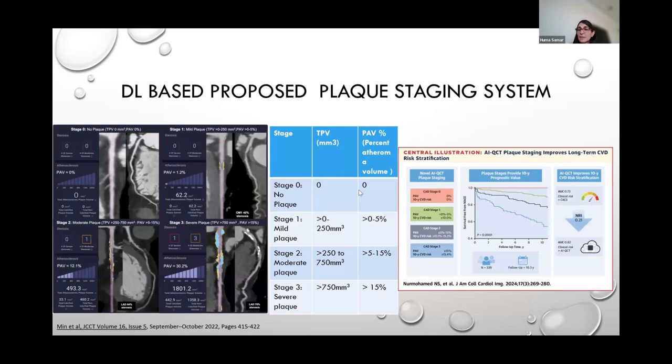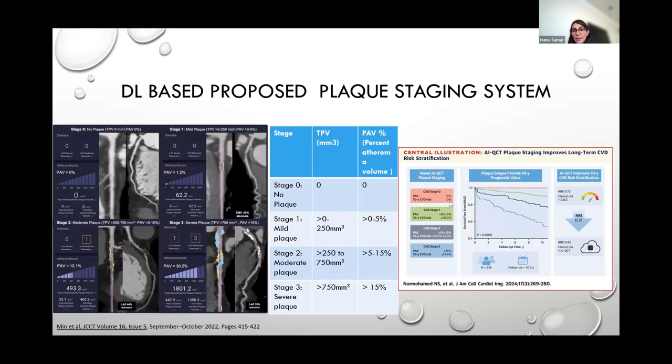So because the presence of plaque can now be quantified by these deep learning methods, a quantified plaque staging system has been suggested, using cutoffs of 250 cubic millimeters and 750 cubic millimeters to separate patients into no, mild, moderate, and severe levels of plaque.